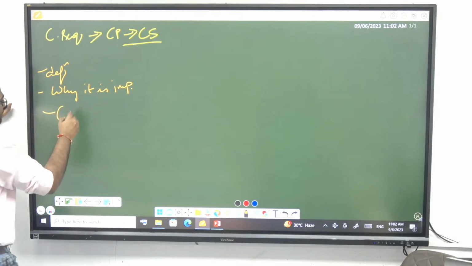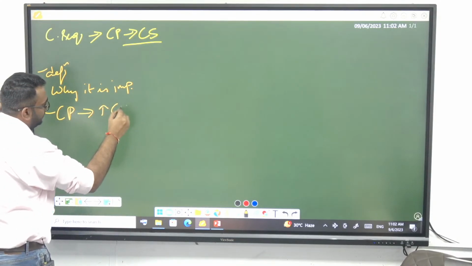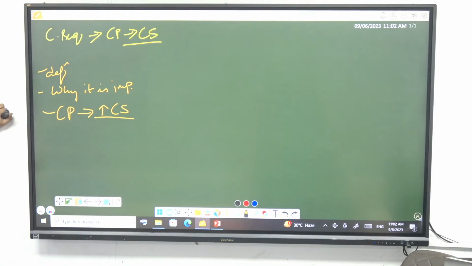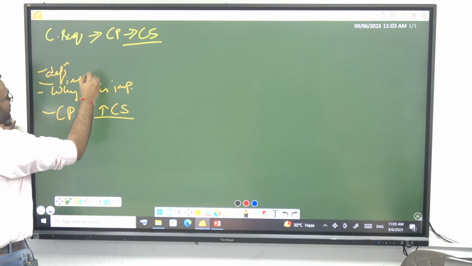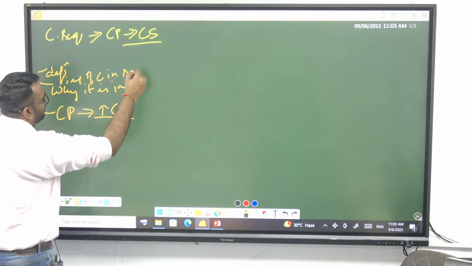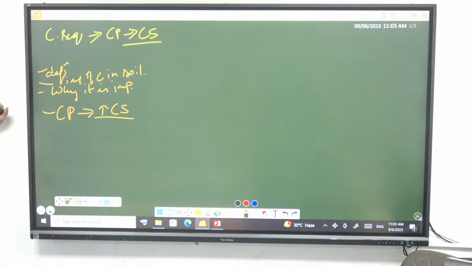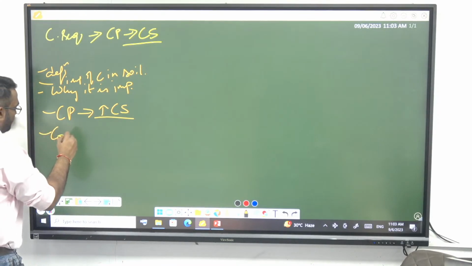Okay, cropping pattern and how it increases carbon sequestration. Fine. After definition, give some importance of carbon in soil, how it helps. Okay, importance of carbon in soil. Fine. Then? After that, I will give conclusion. Okay, conclusion.